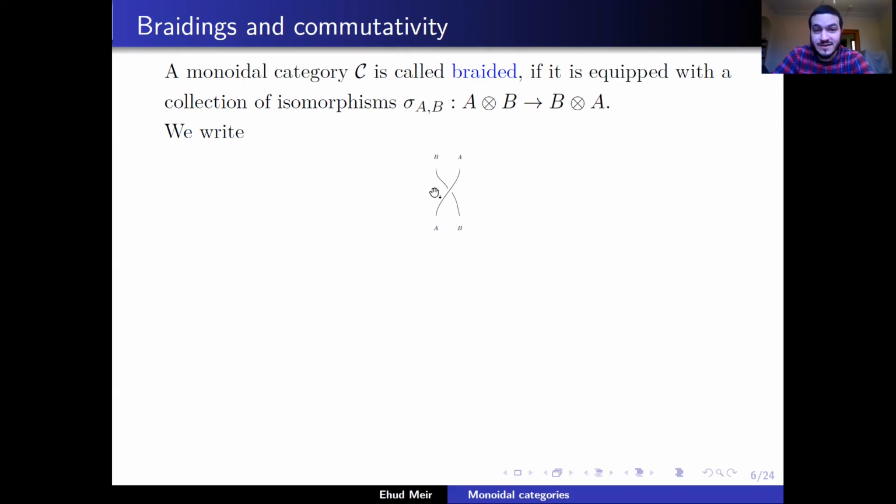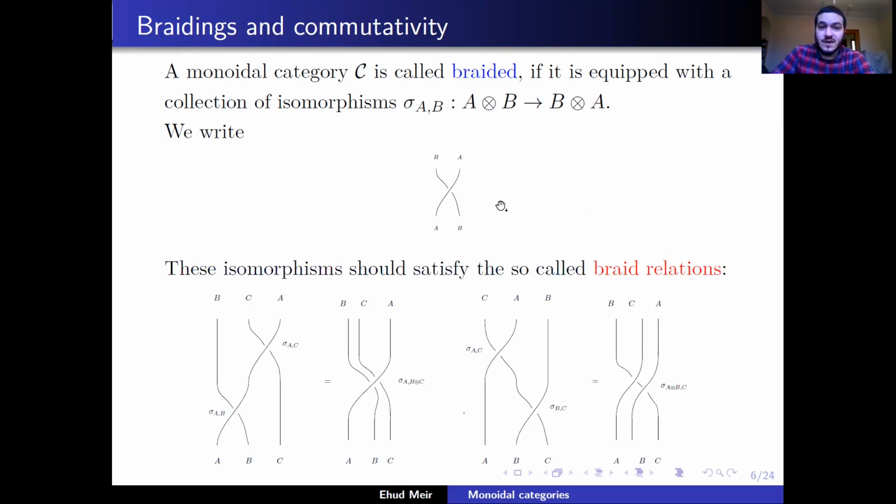So we write this kind of diagram for sigma AB, going from A tensor B to B tensor A. And these isomorphisms should satisfy the so-called braid relations that just say that if I go from ABC to BCA by first taking A and jumping over B and then over C, it's the same as if I just take A and jump immediately over B tensor C. And same thing when I look at what happens with the C string on the other side.